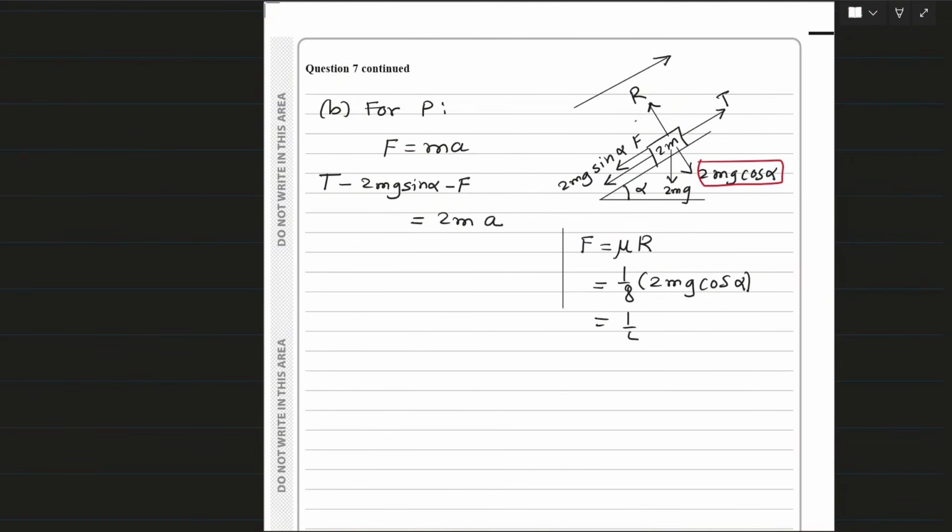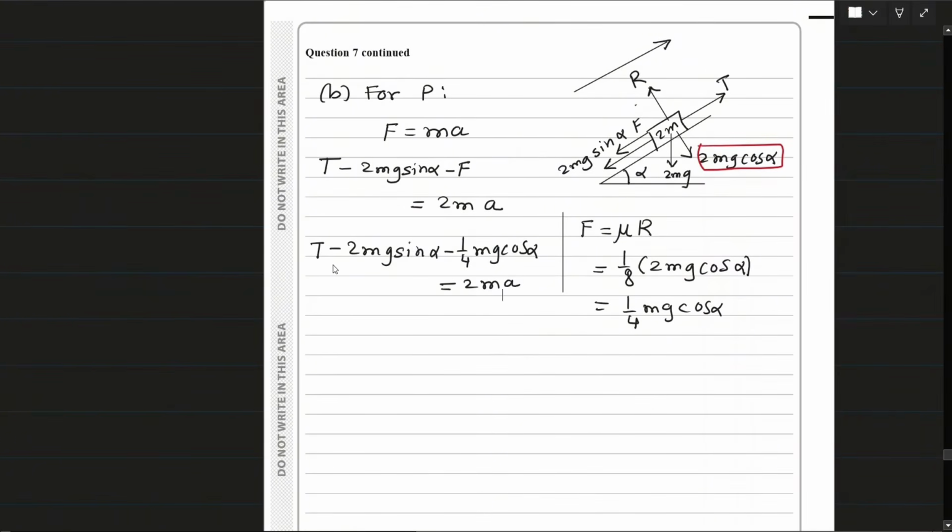From this, we can simplify this as 1/4 mg cos alpha. So now we have the friction force in terms of m and g, and we can substitute this in here. So we have T minus 2mg sin alpha minus 1/4 mg cos alpha, and on the right side, we have the same thing, 2ma.